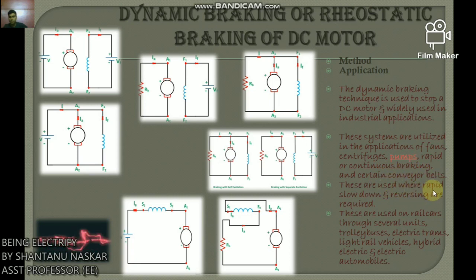These are used where rapid slowdown and reversing are required. These are used on rail cars, trolley buses, electric trams, light rail vehicles, and hybrid electric and electric automobiles.